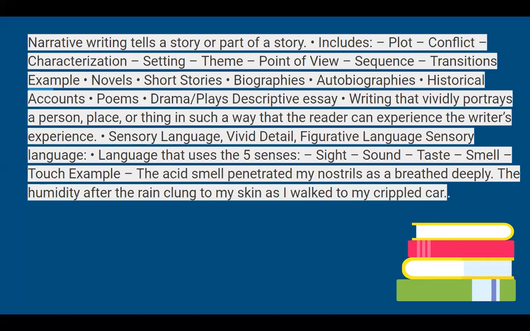So when we talk of descriptive essay, our sensory language, vivid details, and these kind of things help a lot. Why? Because we want to present the item or the thing to be described as if it comes to life.